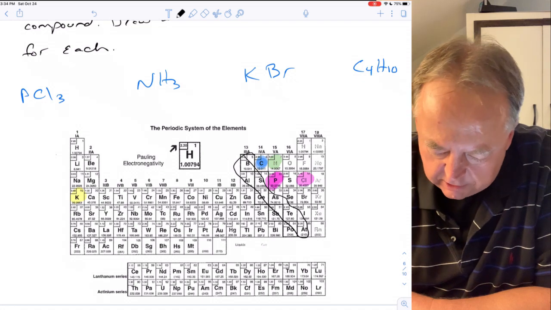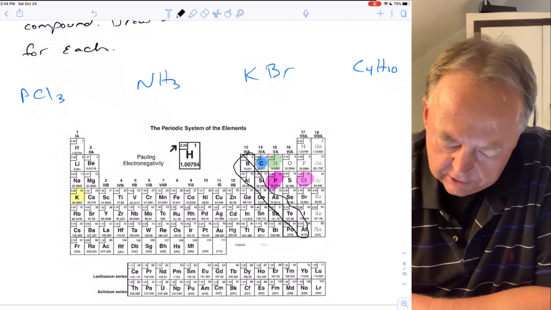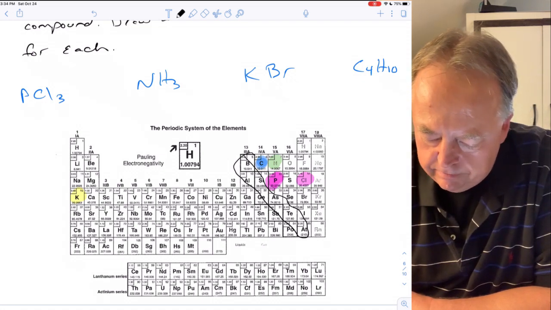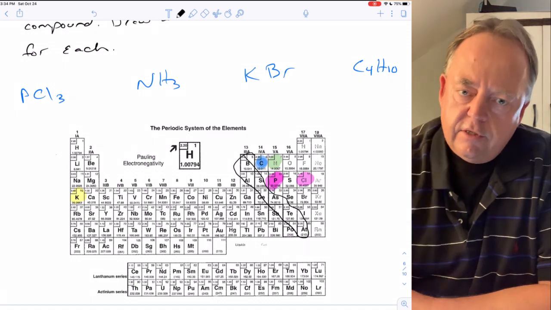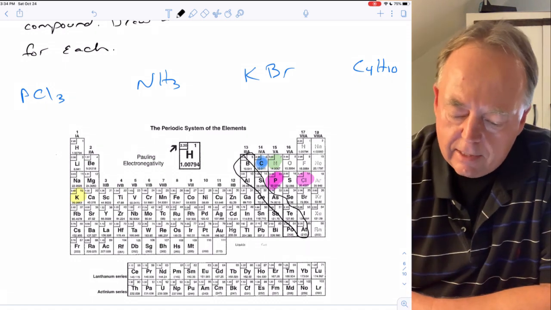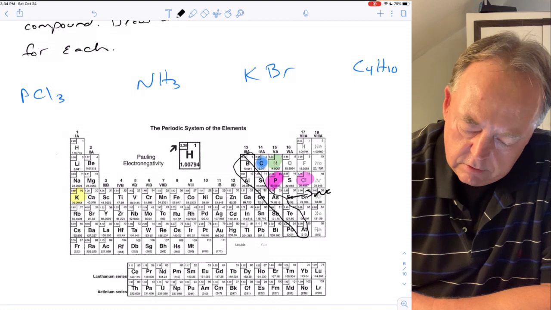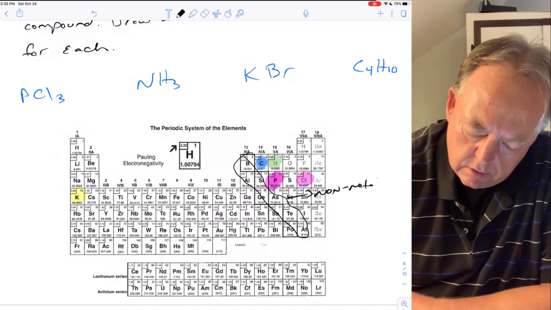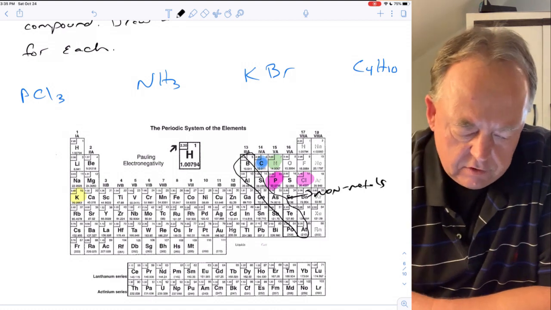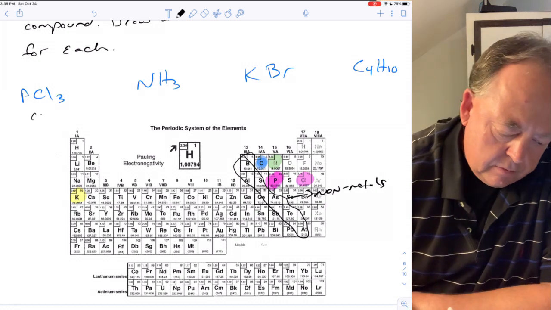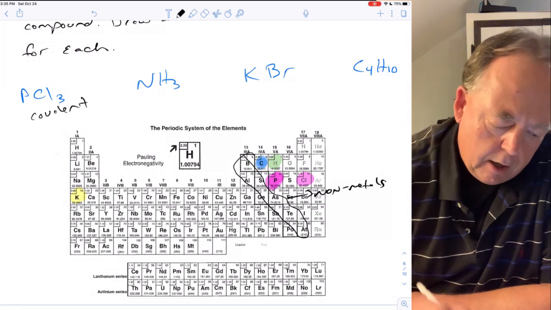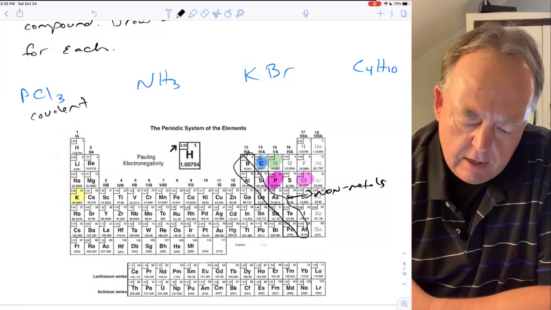Those elements, boron, silicon, germanium, your metalloids, everything to the right of that, if you remember, are nonmetals. So these are the nonmetals. So phosphorus and chlorine are both nonmetals, so this is going to be a covalent bond between phosphorus and chlorine.